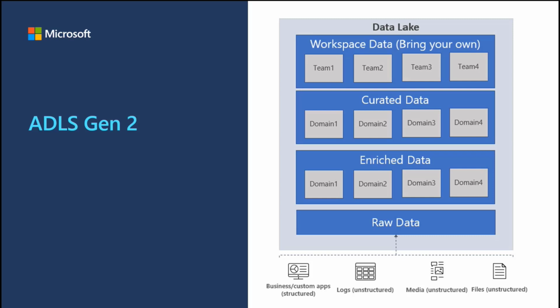And data in this zone might be stored in a format such as Parquet, which would be compressed and include the schema of that data, and it makes it much more suitable for read-heavy and analytical workloads. So users accessing data in this zone might include data scientists or data engineers who are writing jobs to transform and enrich that data as it's being moved through your pipeline and into the curated data set.